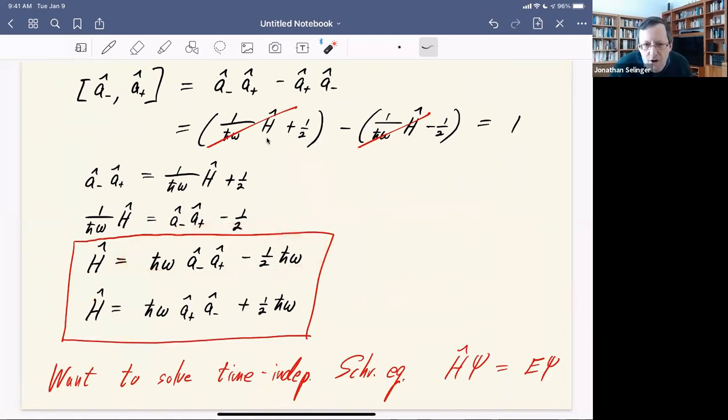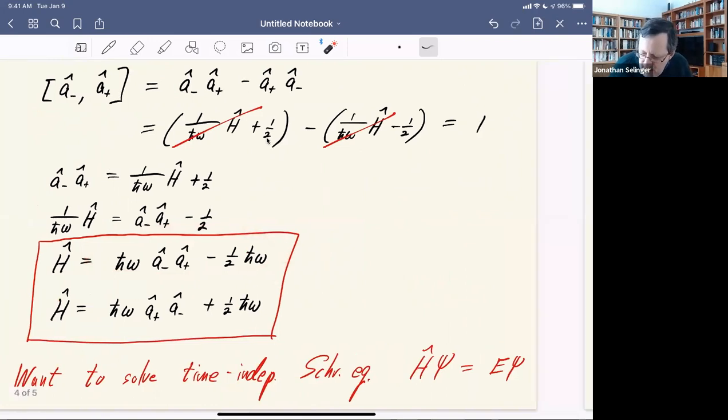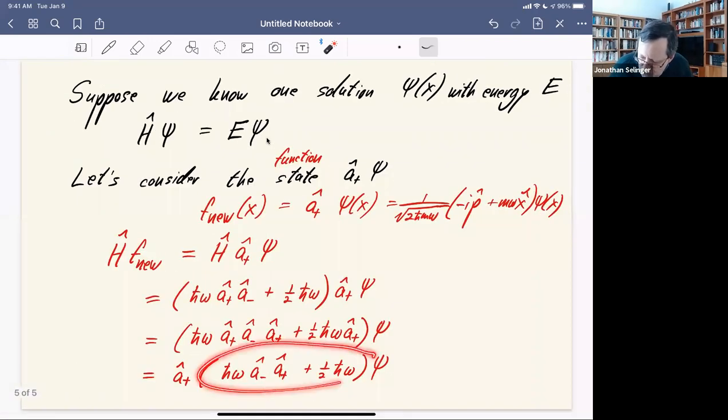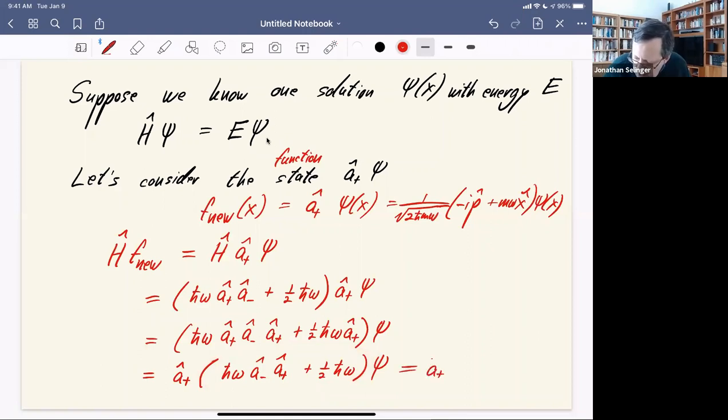So what we have in parentheses right here is our other expression for the Hamiltonian plus h bar omega. So this is A plus acting on the Hamiltonian plus h bar omega, psi.